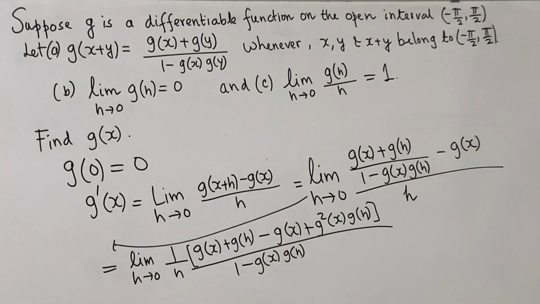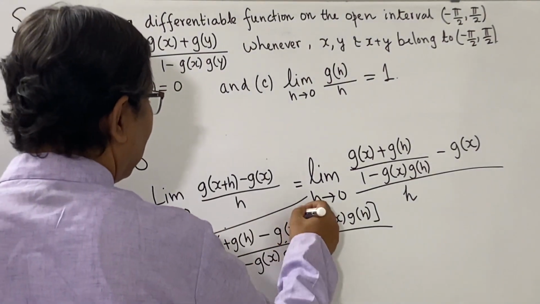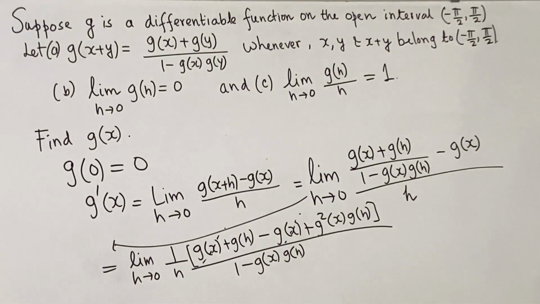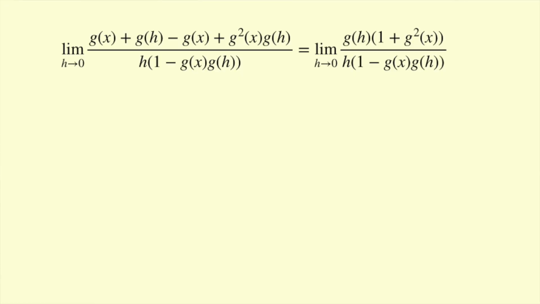Now we see that this gx cancels and we can take gh common, and since limit h goes to 0, gh by h is equal to 1, and limit h goes to 0, gh is equal to 0, the facts mentioned in C and B, what we get is g prime x is equal to 1 plus g square x.